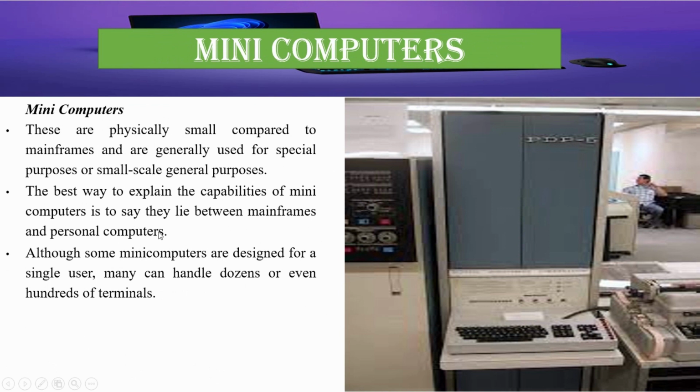That means they are bigger than microcomputers or personal computers, but they do not reach up to mainframe computers. Although some minicomputers are designed for a single user, many can handle dozens or even hundreds of terminals. This is an example of a minicomputer.